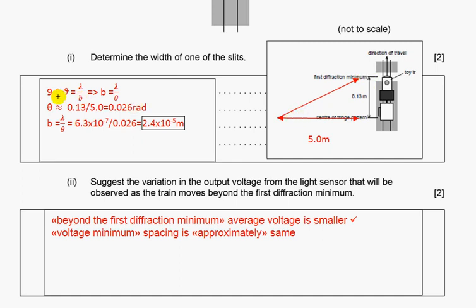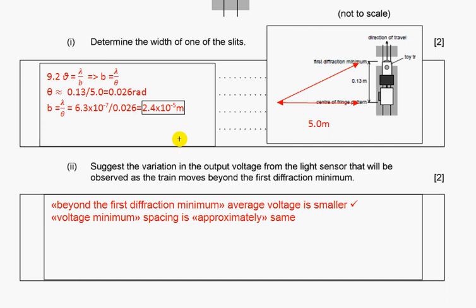This angle is given by section 9.2, angle of minimum. This can be rewritten for the width of the slit b. What we need to know is the angle. The angle is approximately equal to the tangent, and the tangent is 0.13 over 5 in radians. So we put these values here and we get the answer to two significant figures.